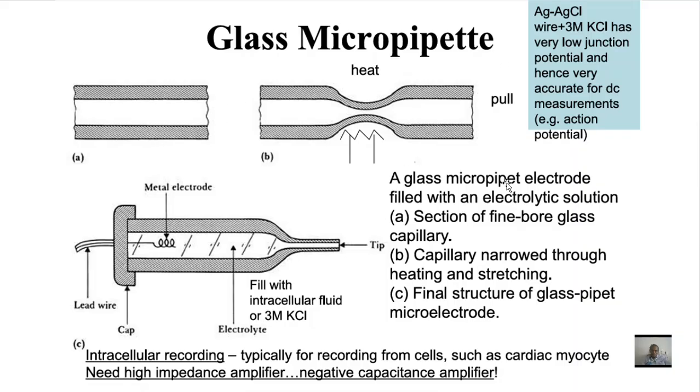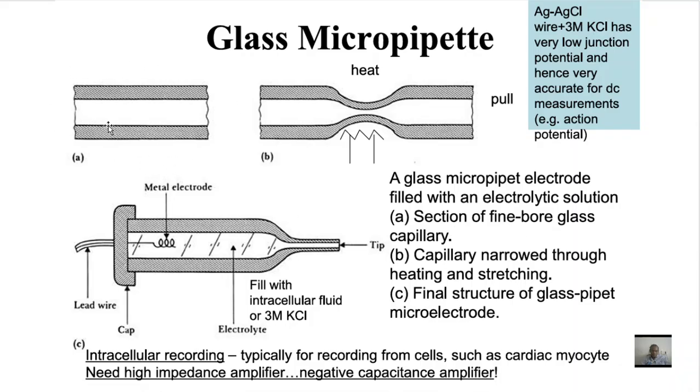A glass micropipette electrode is filled with an electrolyte solution. This is the electrolyte solution in the glass pipette microelectrode. Section A is a section of fine bore glass capillary.